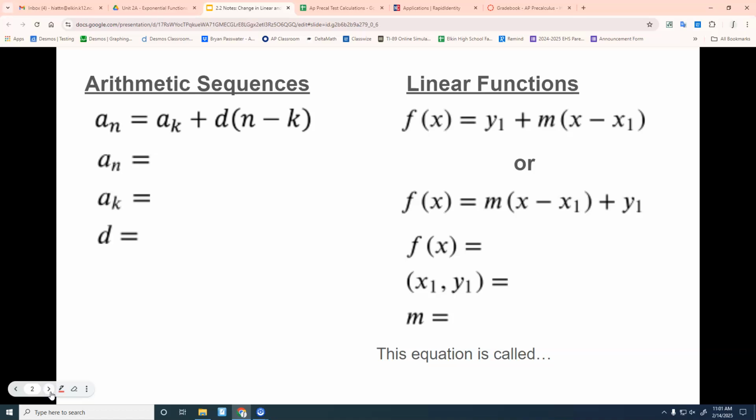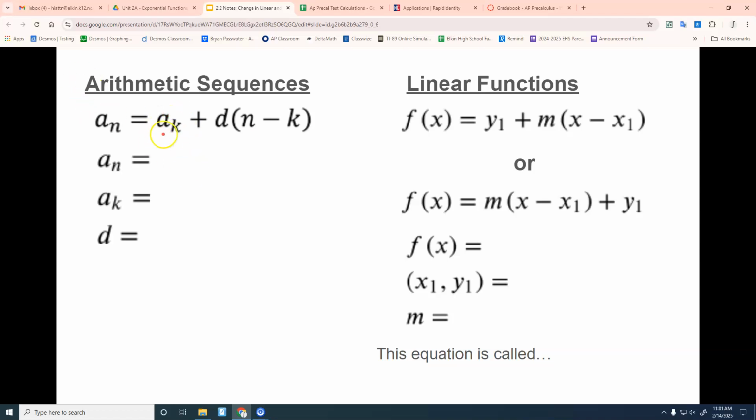Let's look at a couple other forms for this. This was that shortcut formula that I was using on the answer key. It also is in those notes. It's a sub k plus d times n minus k. This is what we were using if we didn't have a sub 0. They gave us like a sub 10, right?